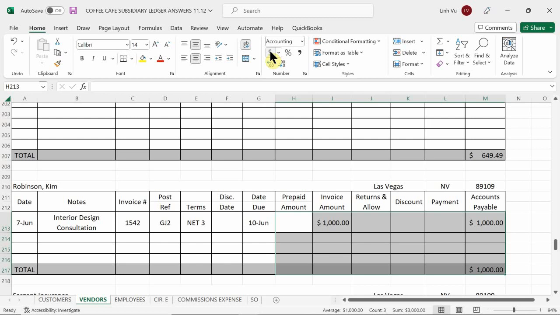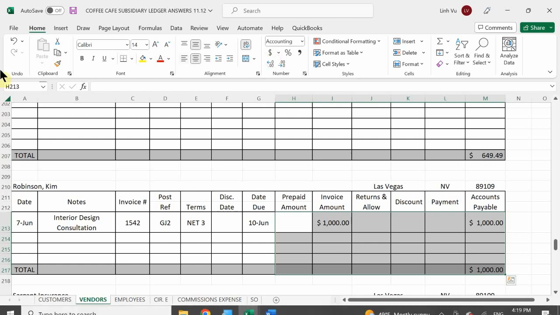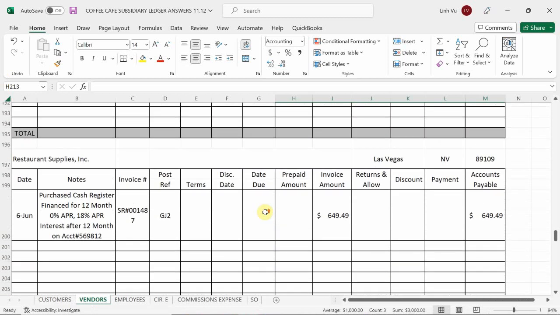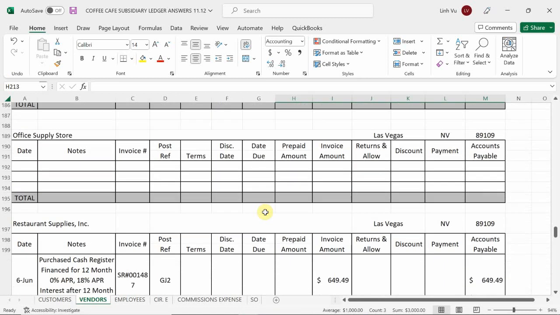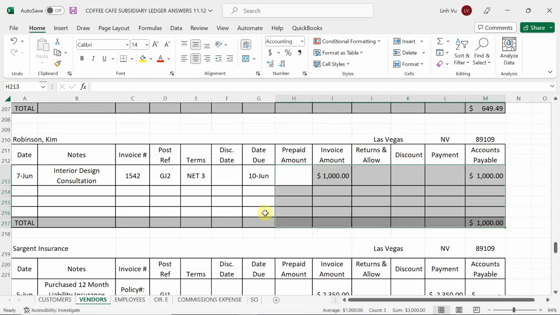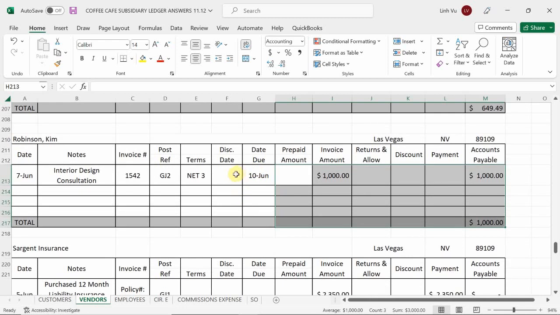I want you to just do the basics as much as you can and just be mindful in keeping track of your own vendors, the money that you owe other people, by simply looking at the due dates. That's all you have to do. So right now, I don't owe anybody anything except for Kim Robinson, which is due on June 10. But yes, if you know how to do it, go ahead and set that condition so then it can flag you down when that date is arriving.